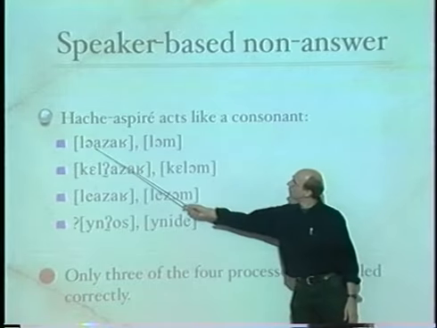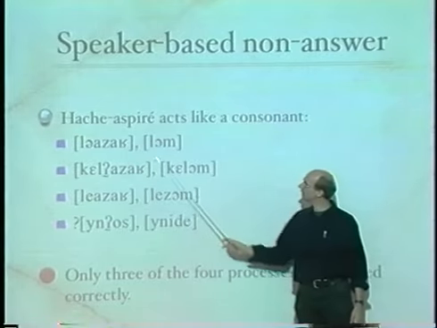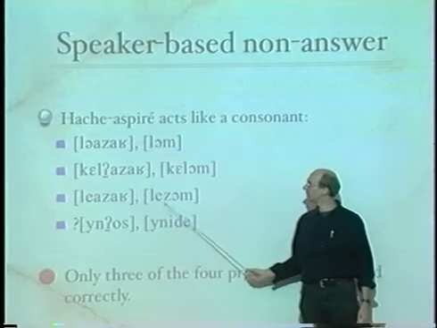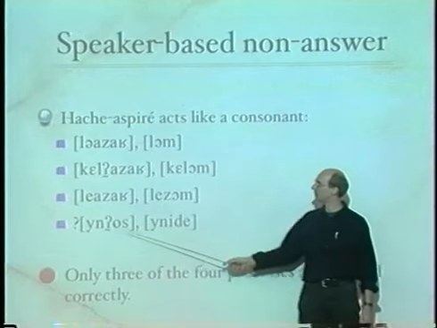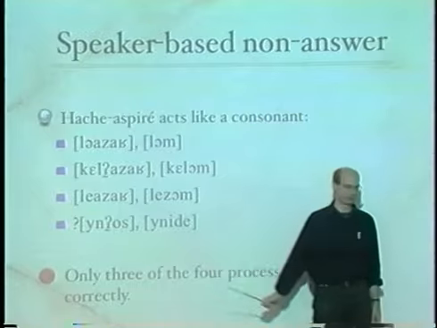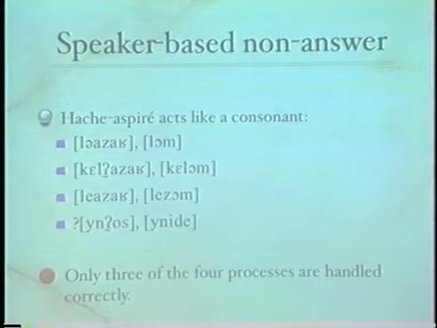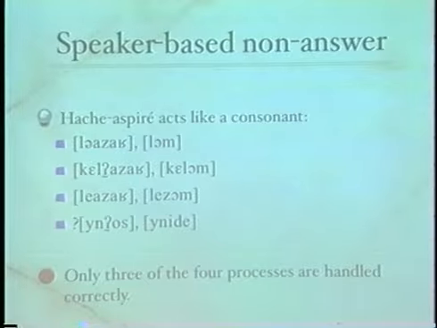You get le hasard versus l'homme, quel hasard versus quel homme, les hasards versus les hommes, une hausse versus une idée, except that you don't get une hausse. So only 3 of the 4 processes are handled correctly in this model, and the 4th isn't.